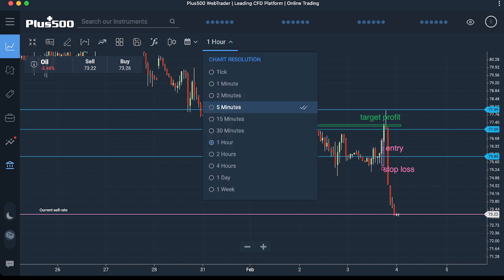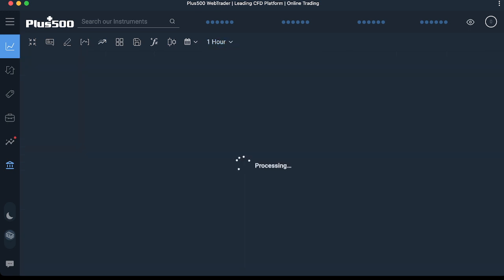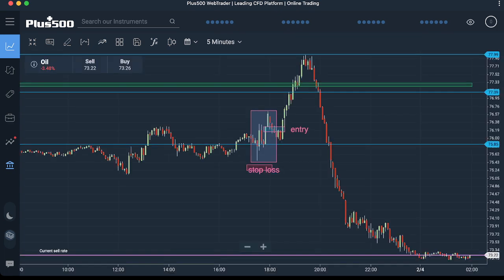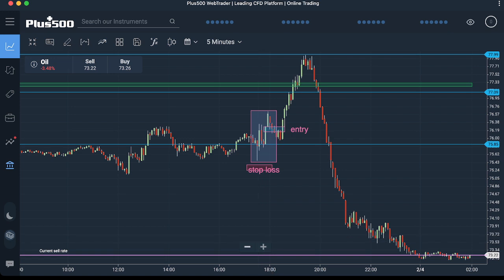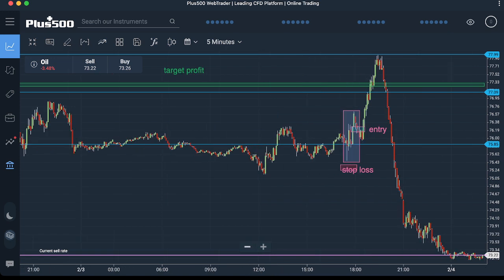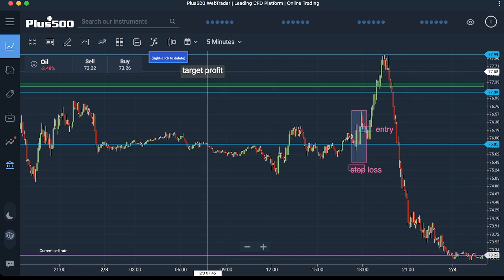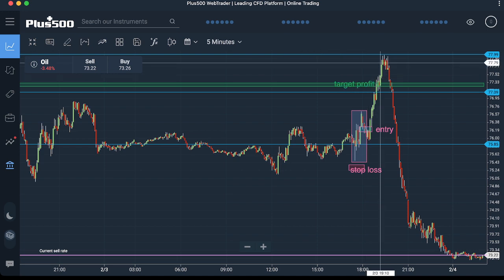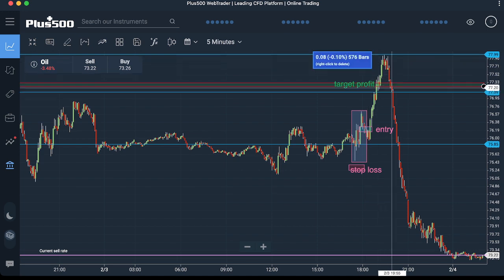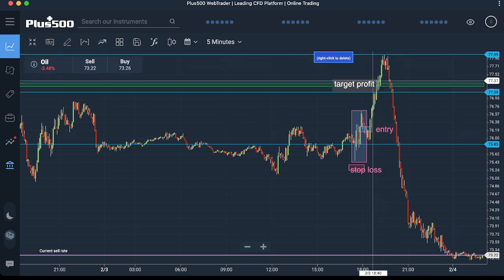Anyhow, the trade was closing before that time, and the target profit was hit, okay. So you can see it's very clear that target profit was here, and even it went little bit above that, and after the news you can see the price push to the downside.